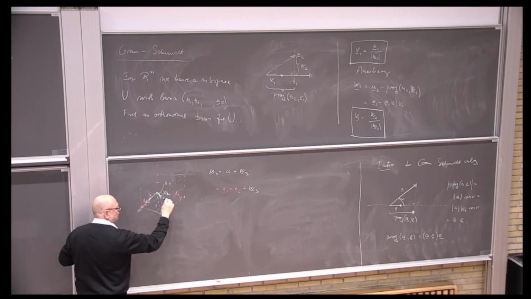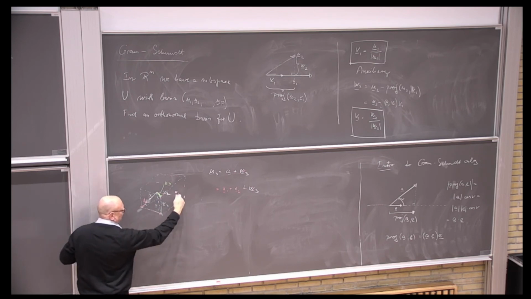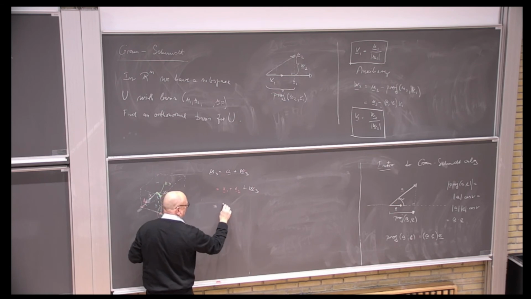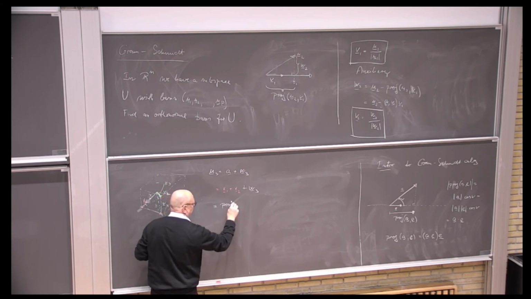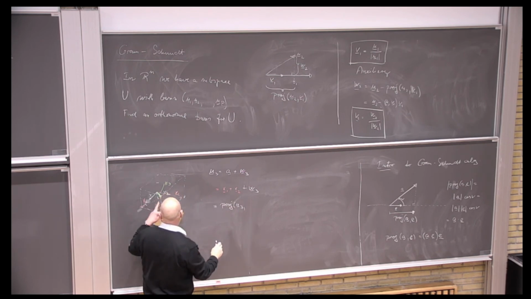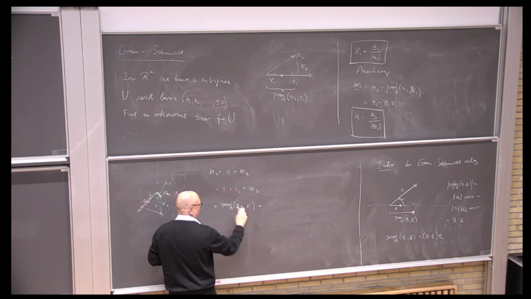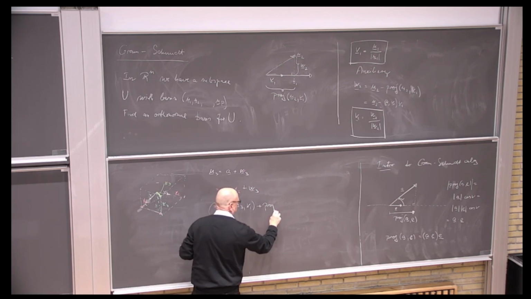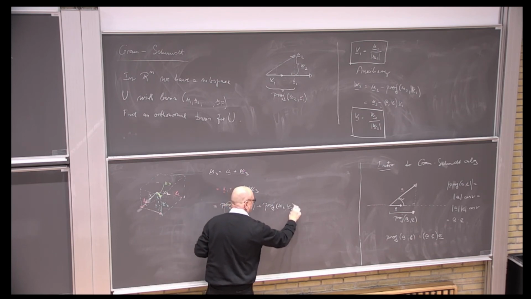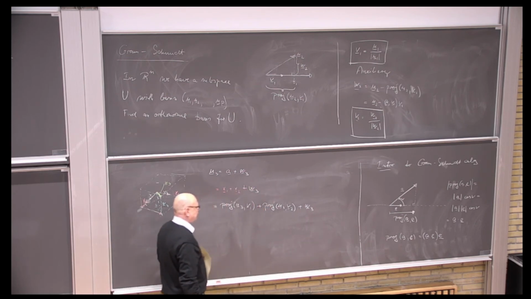And similarly, the projection onto V2 will be x2. So this is simply the projection of my vector U3 on V1, and then this will be the projection of U3 on V2, and then plus my vector W3.